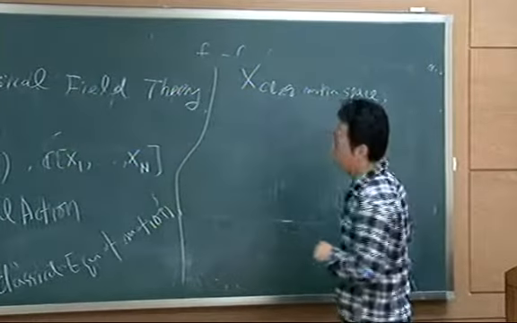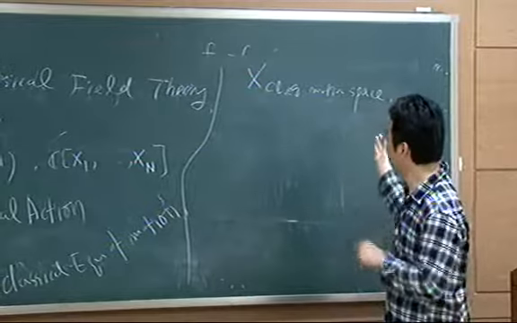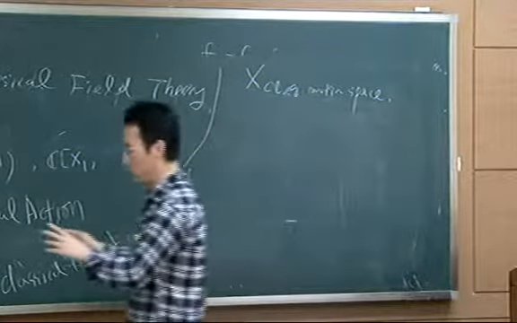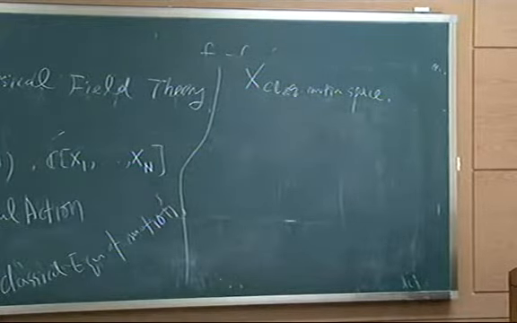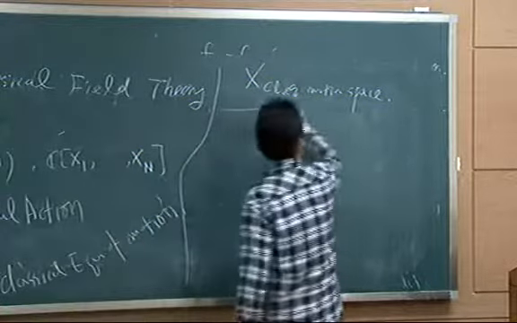Now the point is, even in this simple case, this classical equation of motion space would not be just an ordinary space; it should actually be a kind of derived space.